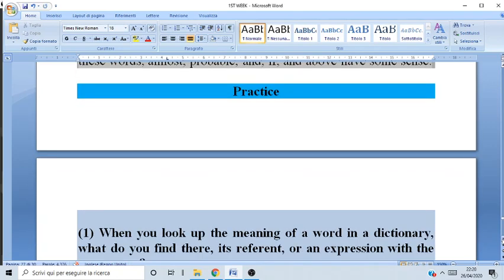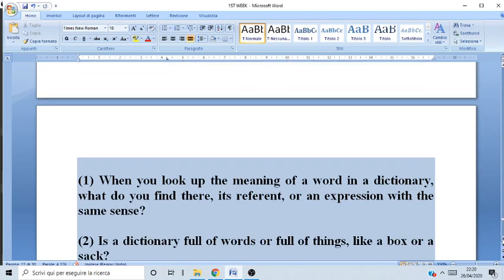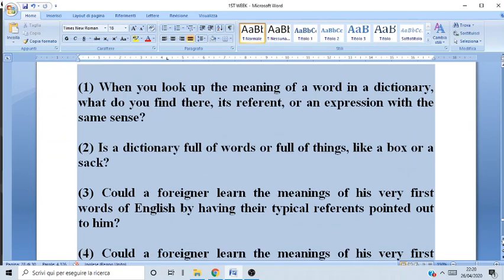Now let's see what they want from you here with this other practice. When you look up the meaning of a word in a dictionary, what do you find there?